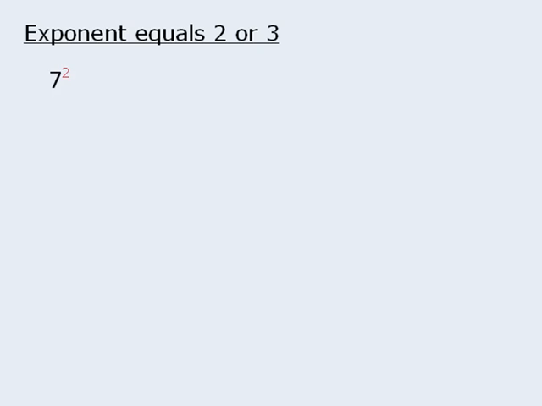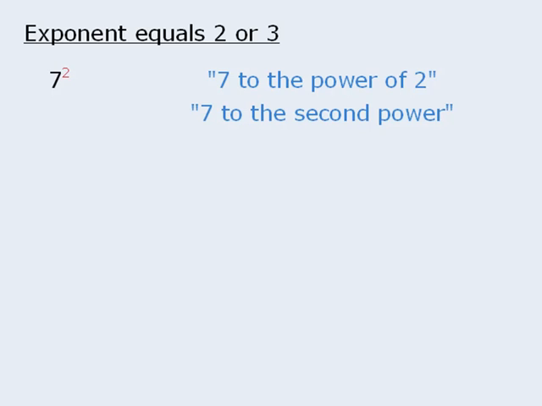Now, please note that expressions where the exponents are 2 or 3 can be read a little differently. For example, we can read this expression as 7 to the power of 2, or 7 to the 2nd power, or 7 squared. So, if the exponent is 2, we can say that the base is squared. In this example, 7 squared is equal to 49.